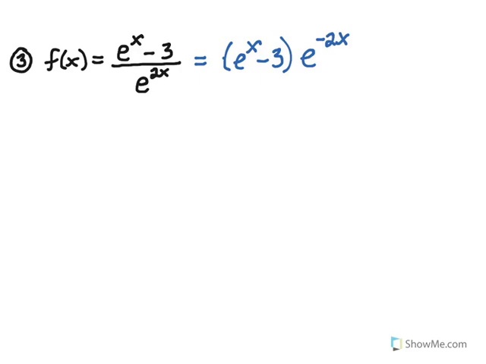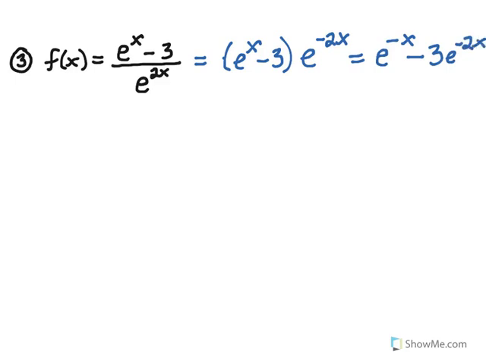It works the same way as if I had had x squared in the denominator. I could write that up top as x to the negative 2. Same logic, just different bases and exponents. If I distribute, I can add exponents on the e to the x and the e to the negative 2x to get e to the negative x minus 3e to the negative 2x.